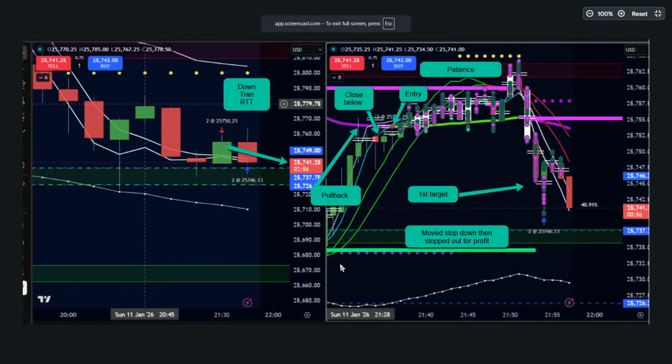Miss Trina, triggers are down, in transition, pull back to the area, not quite a close below. I'm trying to figure this one out.